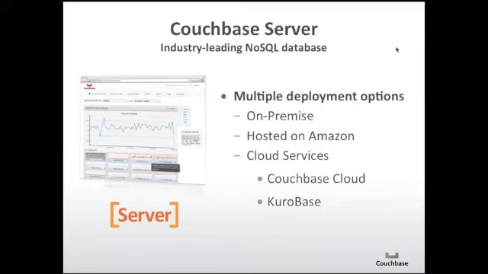And we also have it available today on Amazon Marketplace for single-click deployment to AWS. We also have cloud services today, including Couchbase Cloud, which is a sandbox database service that we've started to get folks ramped up on Couchbase Sync Gateway and Couchbase Server. But we also like to recommend Couchbase, a company that we're partnered with that delivers production quality Couchbase Server as a service.